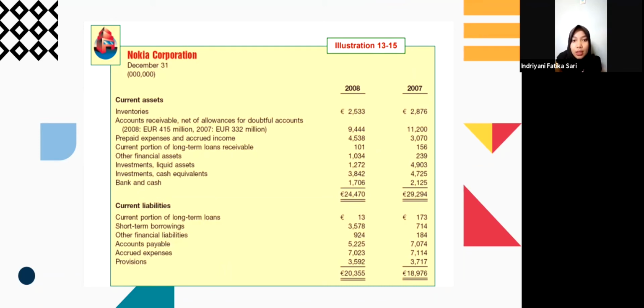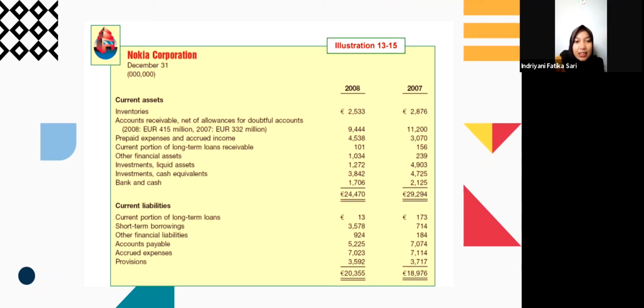Okay, on the screen, the presentation of current liabilities. Current assets and liabilities of Nokia Corporation, December 31.